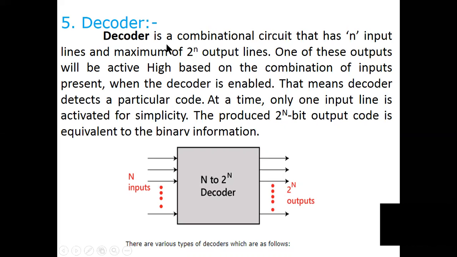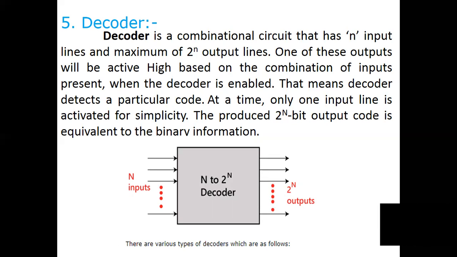Let us see the definition. A decoder is a combinational circuit that has n input lines and a maximum of 2 power n output lines. That is double of n. One of those outputs will be active high based on the combination of the inputs present when the decoder is enabled. That means the decoder detects a particular code at a time.